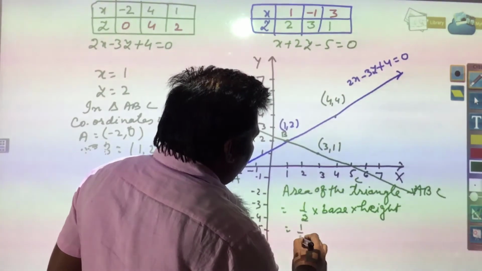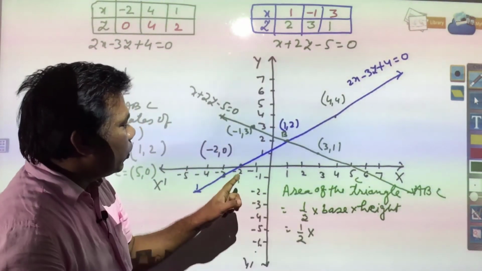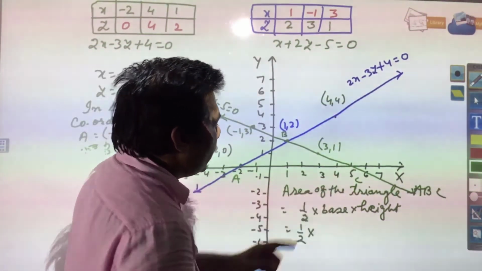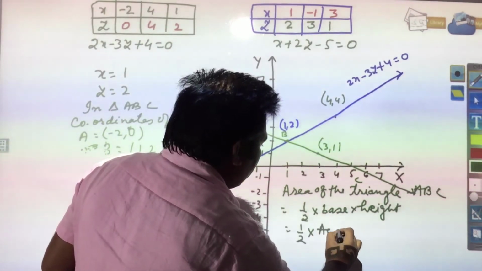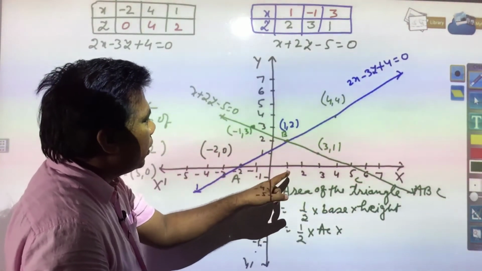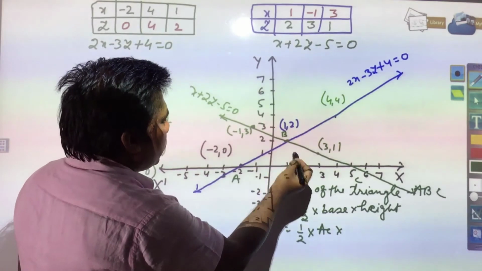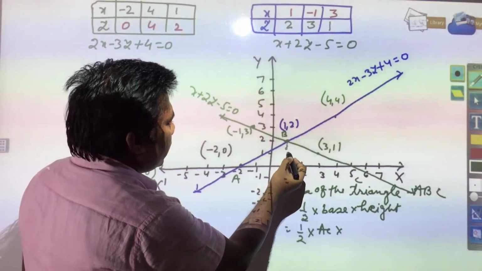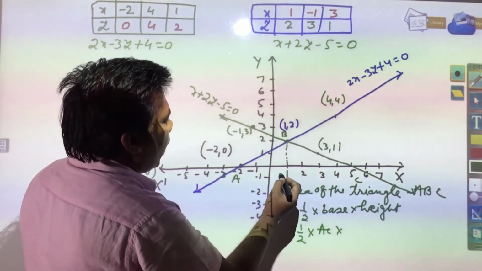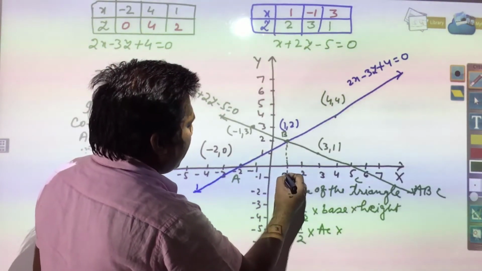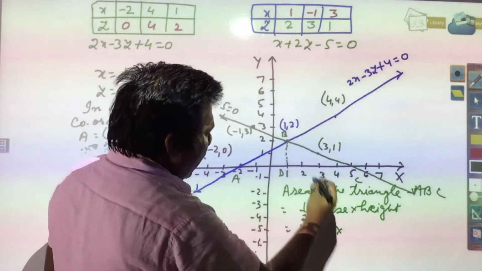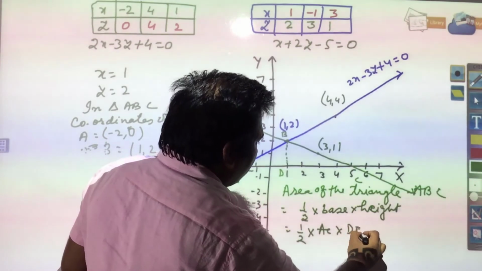So, you have 1 by 2 into base, AC, into height. What is the height? You can name this also. This is your height. Suppose any name can be given, D. So, your height will be DB.